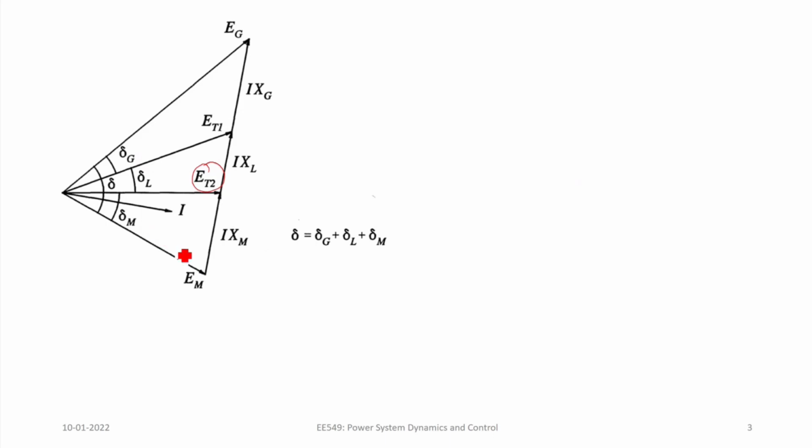So of course, EM will lag by delta M, and ET1 will lead by delta L, and EG will lead ET1 by delta G. Now if we consider the angle between EG and EM as delta, then delta will be equal to delta G plus delta L plus delta M.